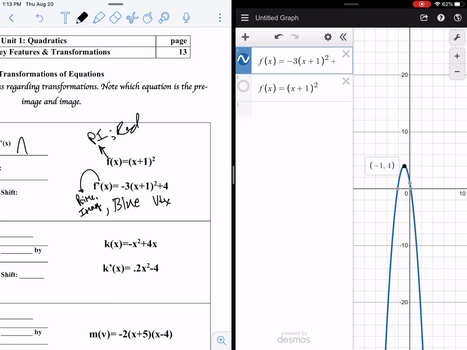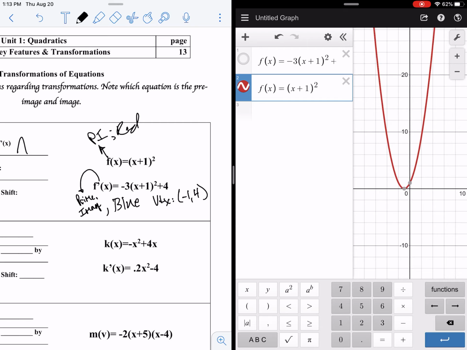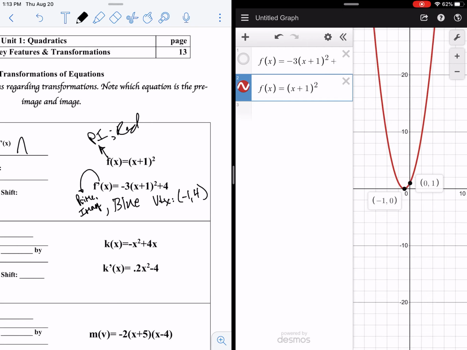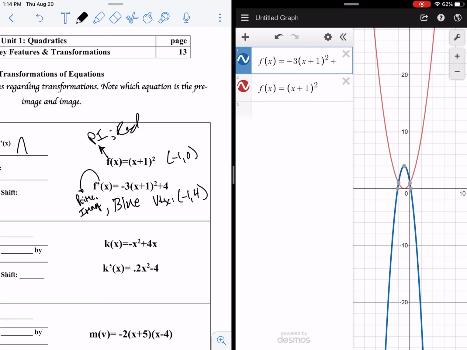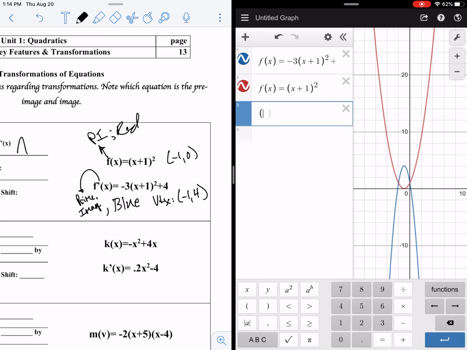The vertex is at (-1, 4). Once I find the vertex of that, I'm going to hide it and pull up the red. The vertex of this one is at (-1, 0). So what movements get me from the point (-1, 0) to the point (-1, 4)?